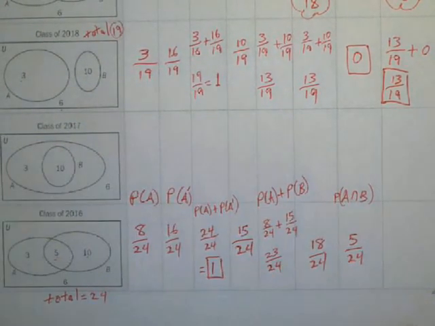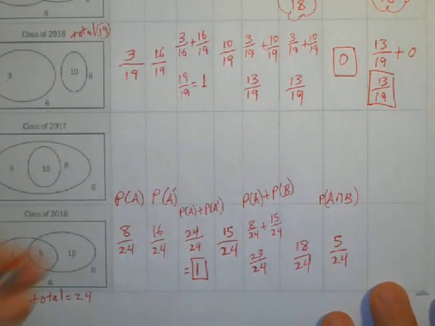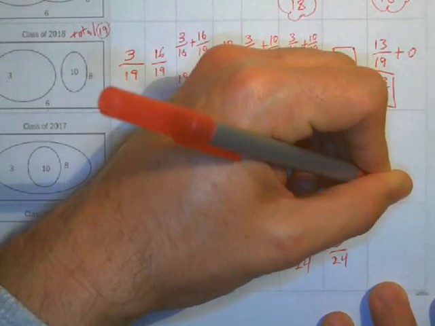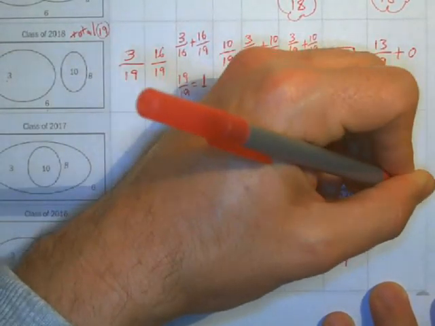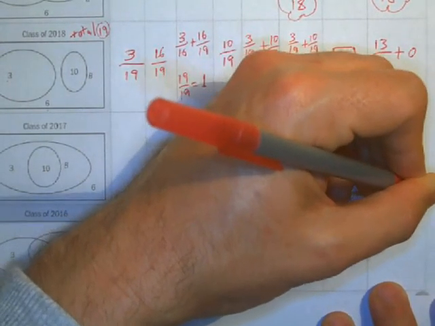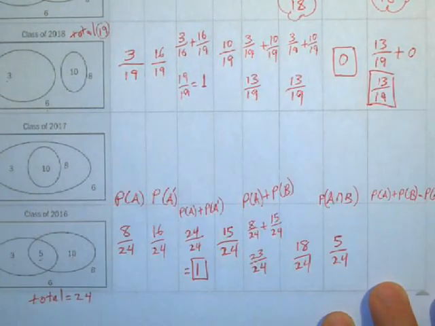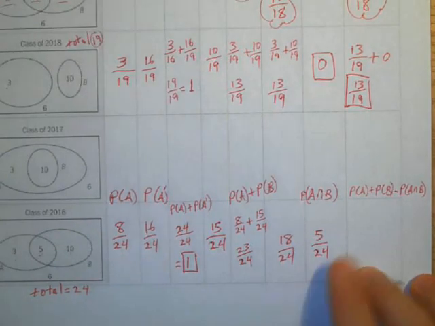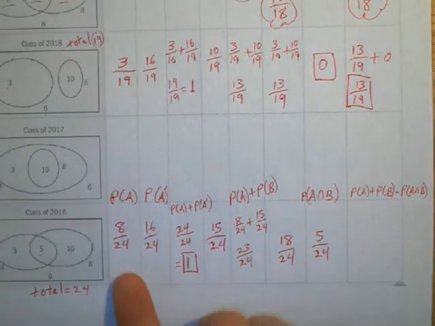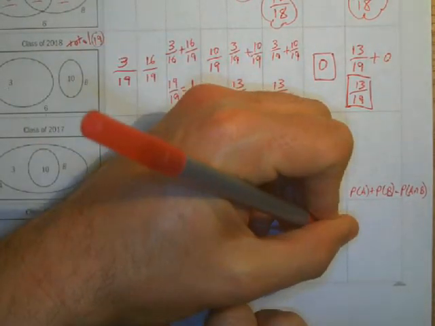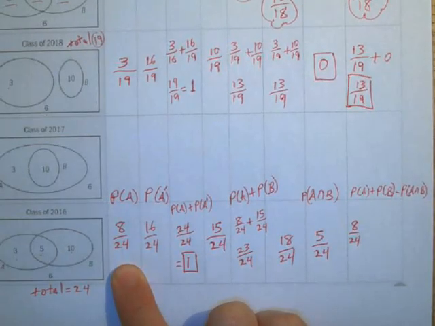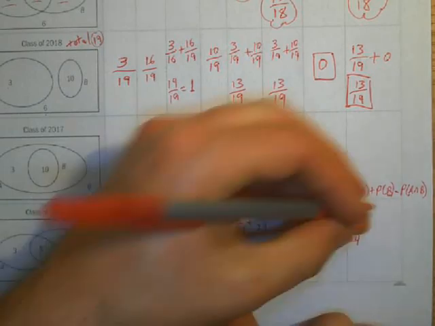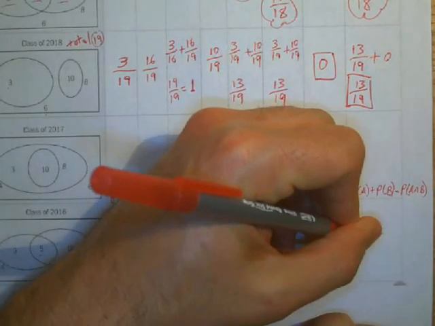And then lastly, the last here is the probability of A plus the probability of B minus the probability of A intersection B. And I want you to notice this is an important relationship. Probability of A is 8 over 24. Probability of B is 15 over 24.